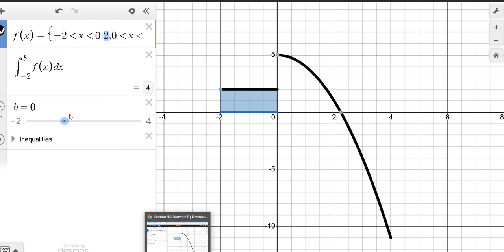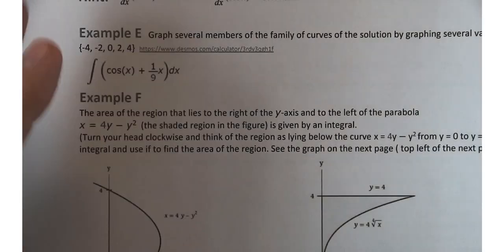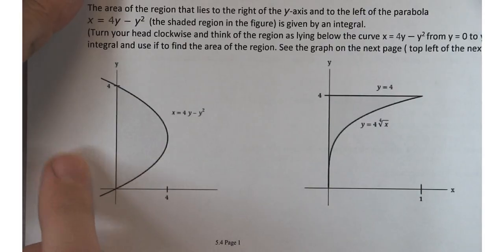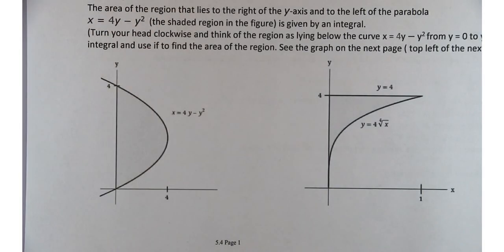As I move to the right, it's going to start picking up the area between the parabola and the x-axis, so it increases that area. We have to do the same thing with some of these other curves, except there's a little difference here. This curve is butted up to the y-axis, but that doesn't mean we can't write an expression to find the area.